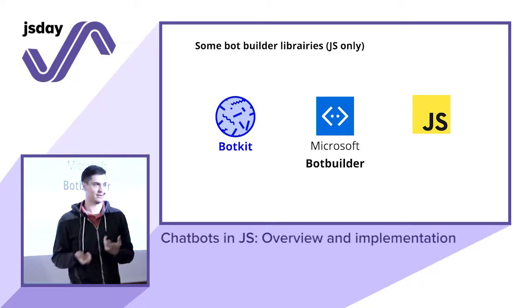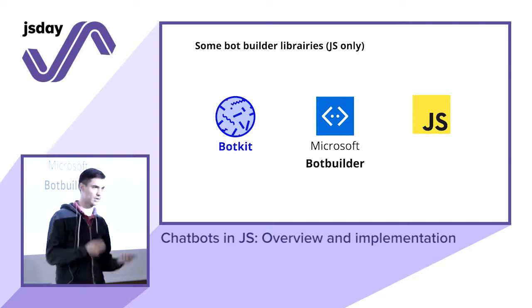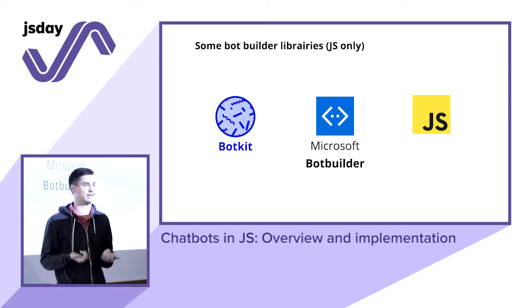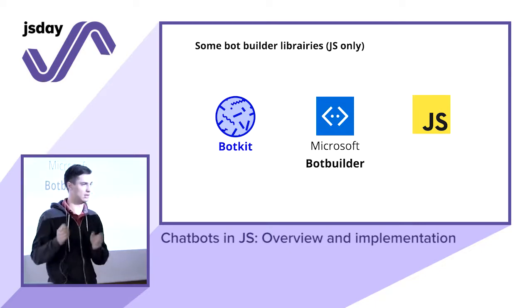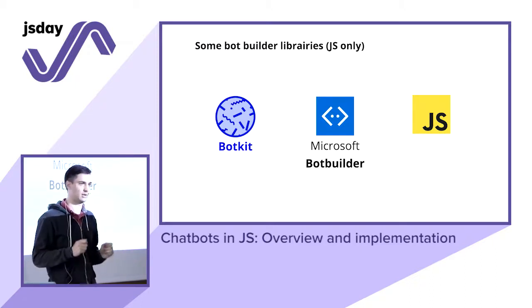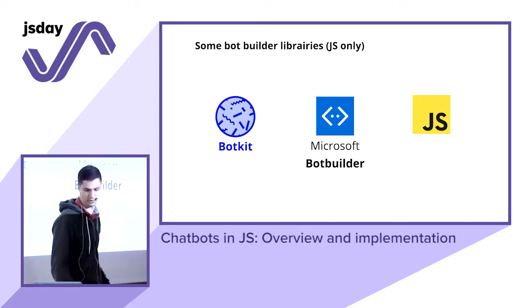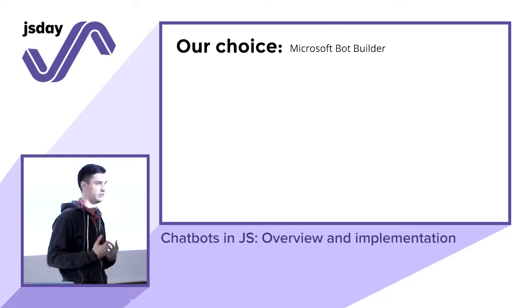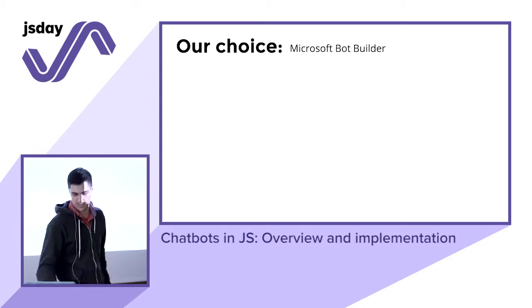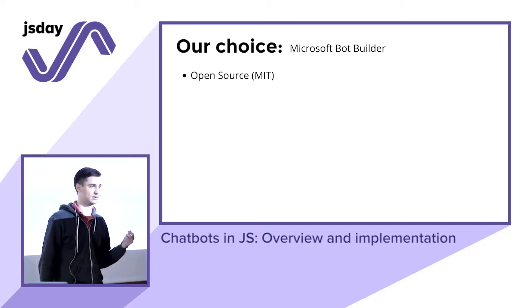But like you would use probably React, Angular for a web app, or let's say some Express, Koa API for a server, I strongly suggest investing into an already existing framework. And for our own project, we chose the Microsoft Bot Builder because first, it's open source under MIT license with a strong following.